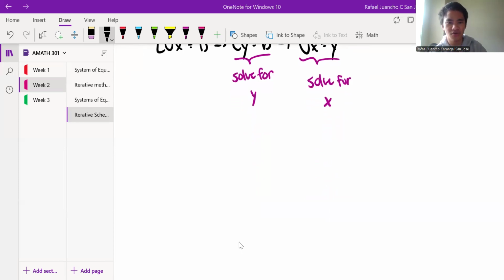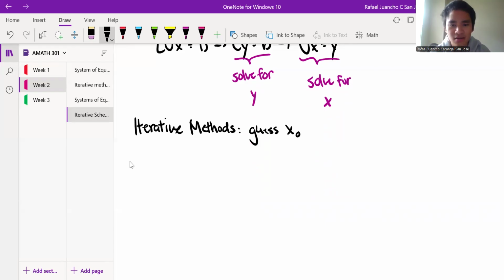Okay, let's go into iterative methods here. So for iterative methods, the idea is that we make some guess, let's say X naught. And then from there, we iteratively make better guesses.